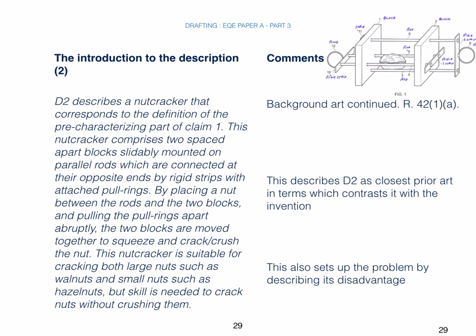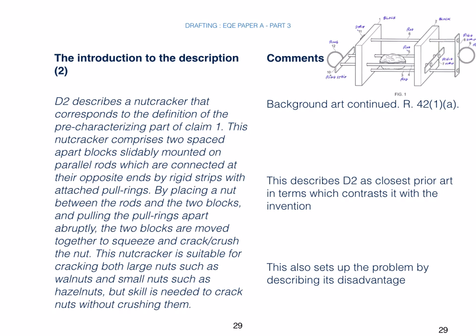So D2 does indeed correspond to the pre-characterizing part. So that is our closest prior art for the analysis of inventive step. Note that the pre-characterizing part of Claim 1 is a definition which covers the client's invention, and at the same time it also covers the closest prior art, which in this case is D2.